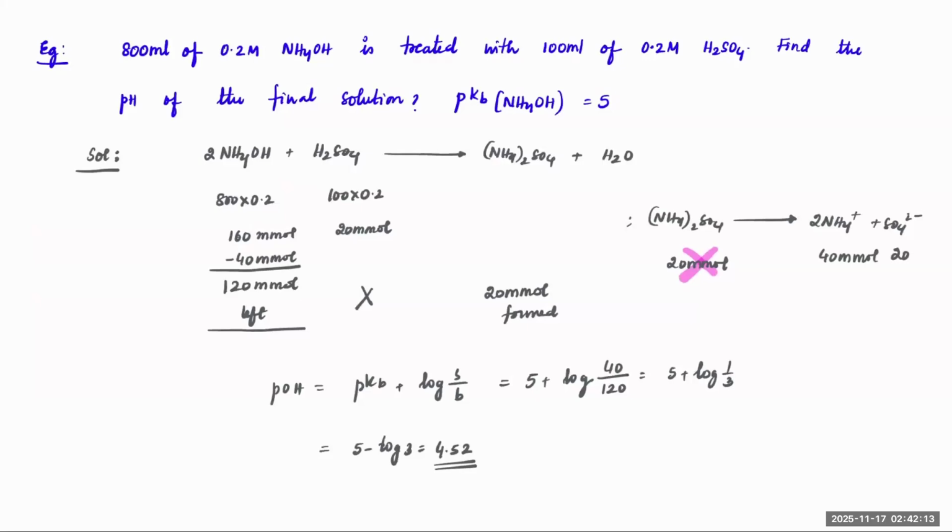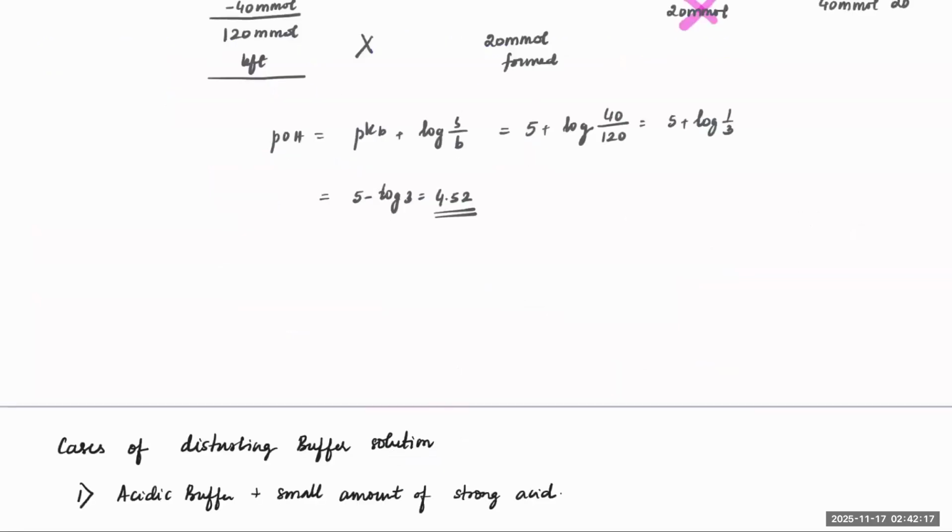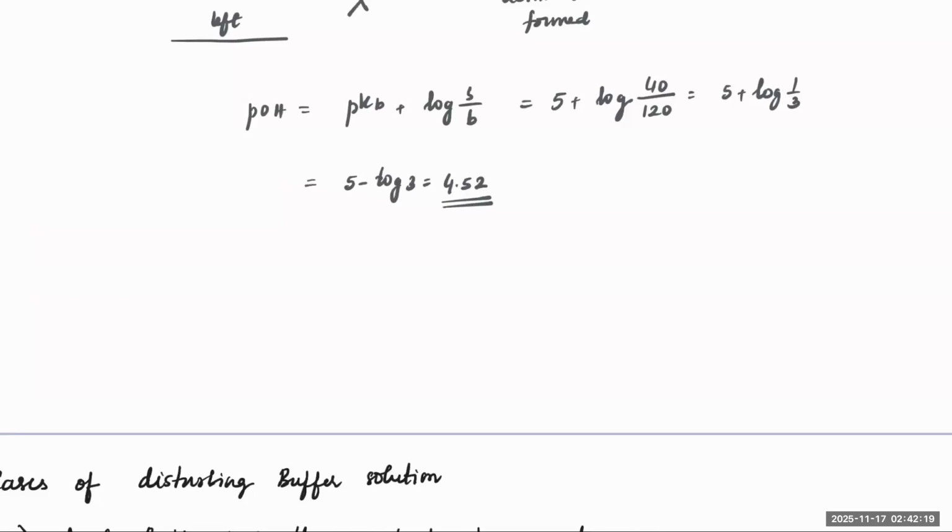Check everybody. Once you know the pOH value, a lot of times the question is not asked in pOH, it is always asked in pH. So pH will be equal to 14 minus 4.52, which is 9.48. So that is the pH value.